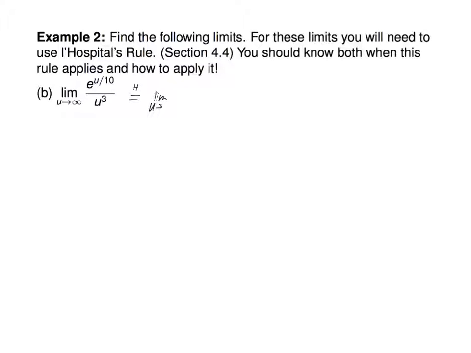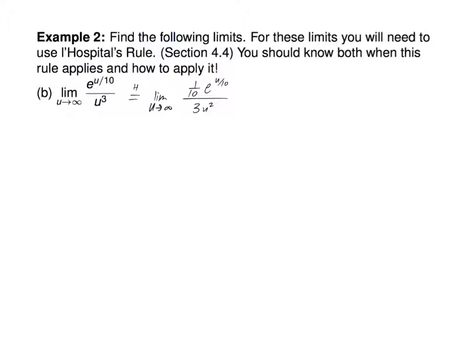If we L'Hopital it, what is the derivative of e to the u over 10? And then the chain rule: e to the u over 10 times 1/10, all over 3u squared, right?